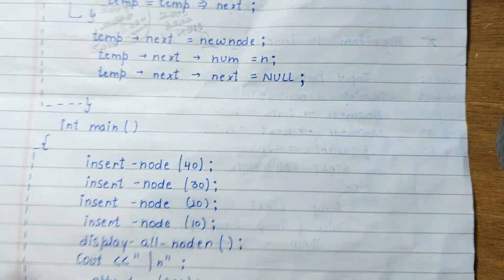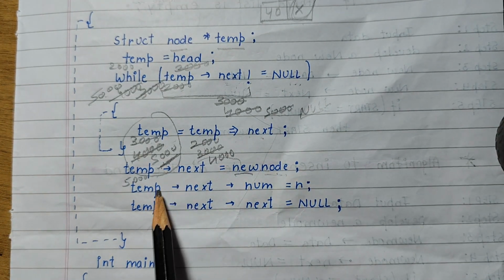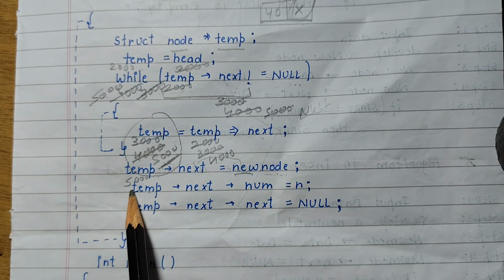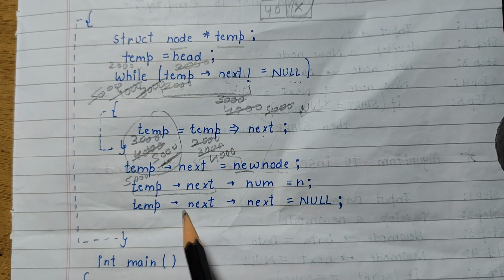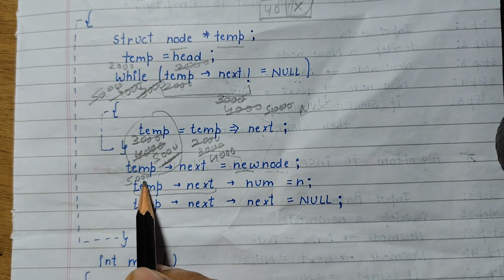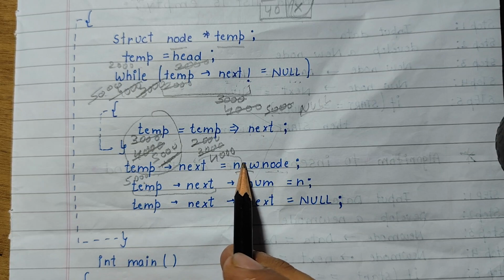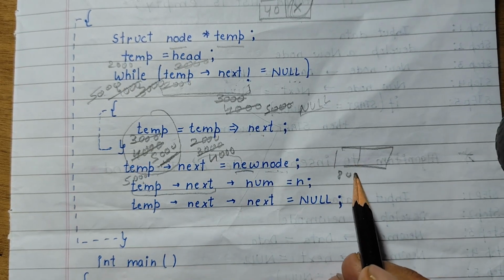So here, now after this temp of next, now temp has a value 5000. 5000 of next means, suppose the memory allocated to this new node has the address 8000.